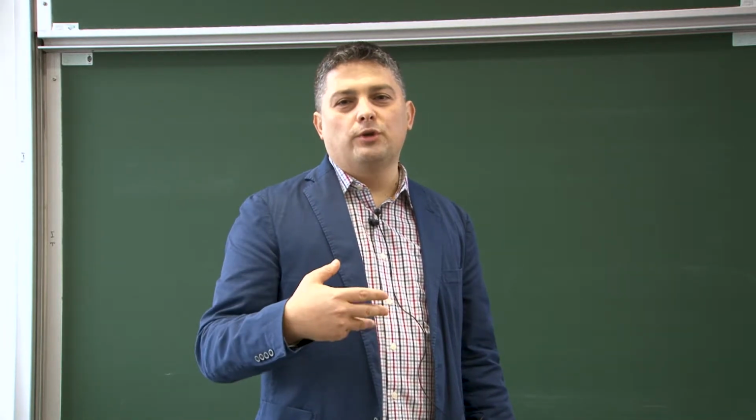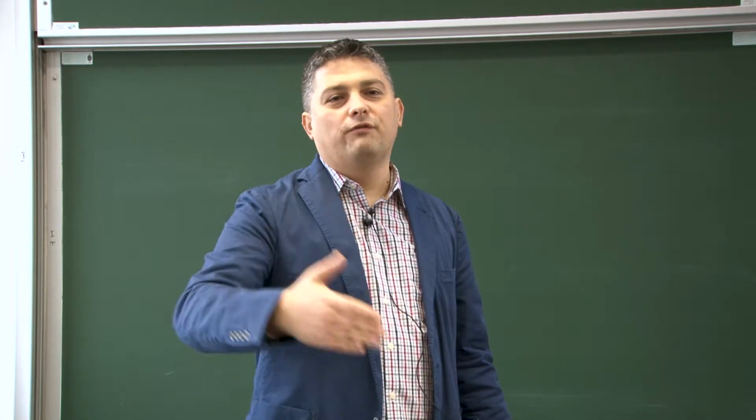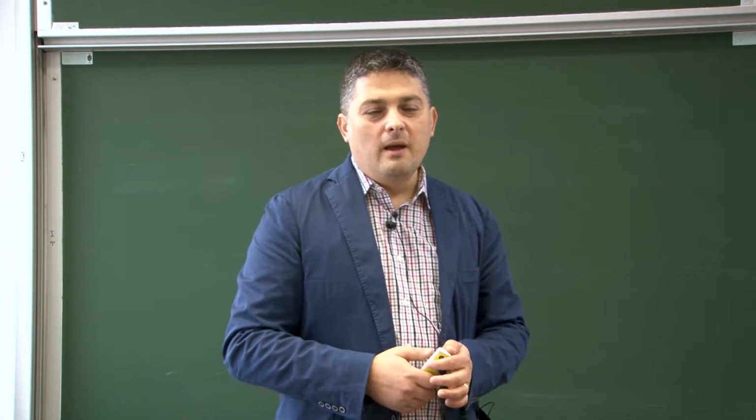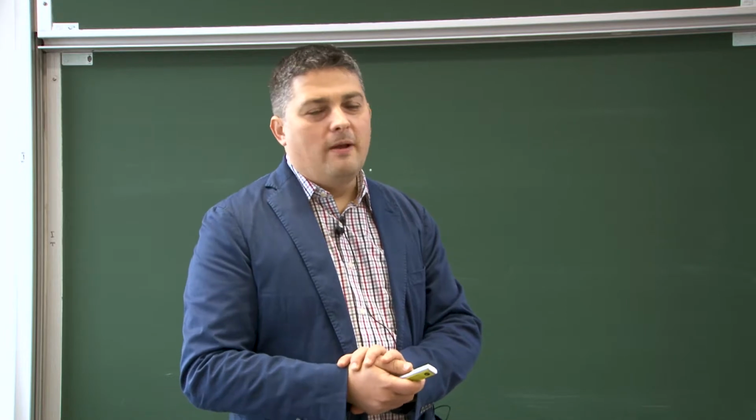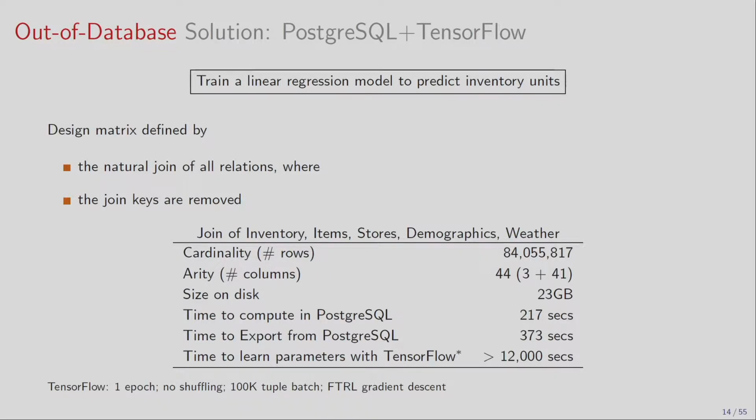Usually, in order to get good parameters, you'd have to go several times over the training data set. But in this case, we just let it run once because it already proves our point. TensorFlow would use a special form of gradient descent. By default, it uses follow the regularized leader, which is a form of stochastic gradient descent.